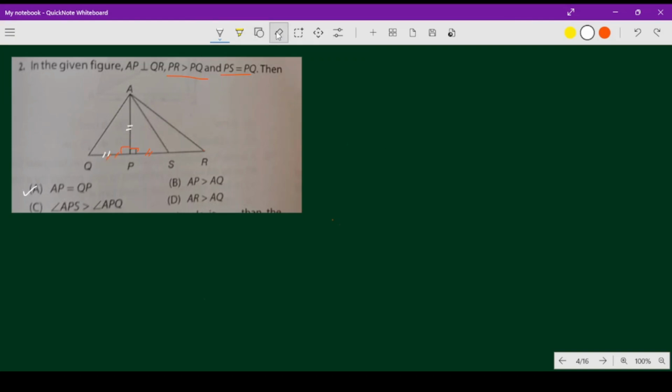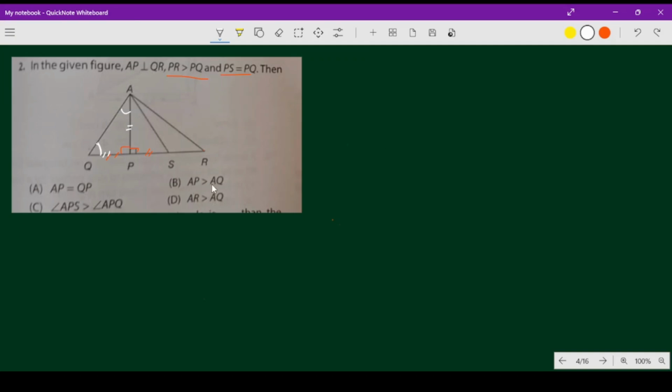With this information, we cannot find whether PQ and QP are equal. This is only possible if this angle and this angle are given equal, but in this question they have not been given. So we cannot say anything about option number A, whether it is correct or not. So hold on for a moment.